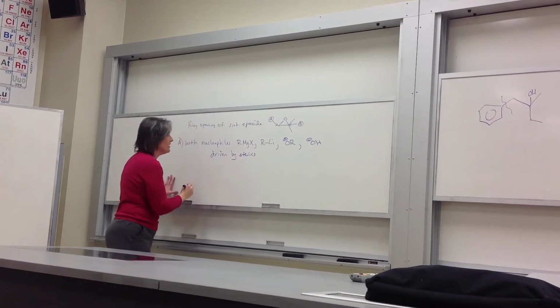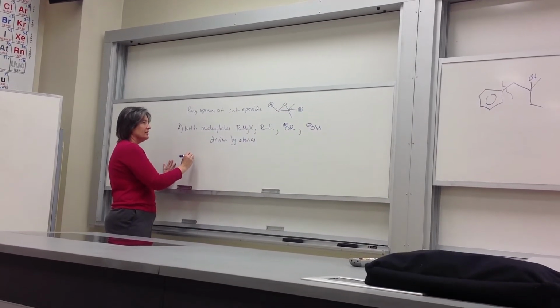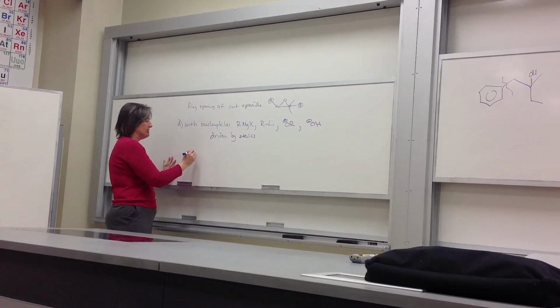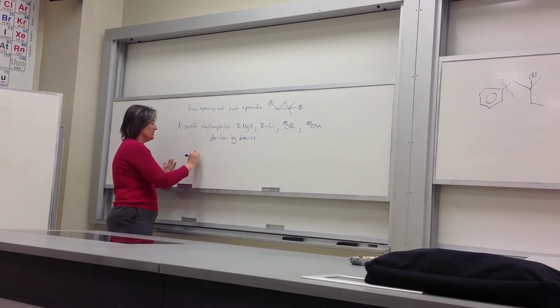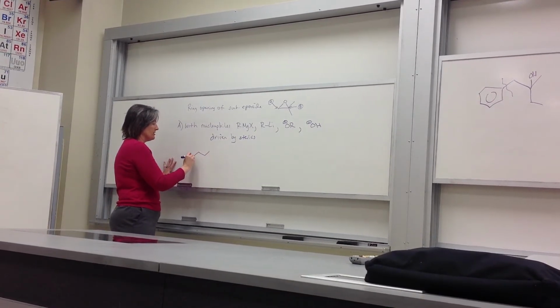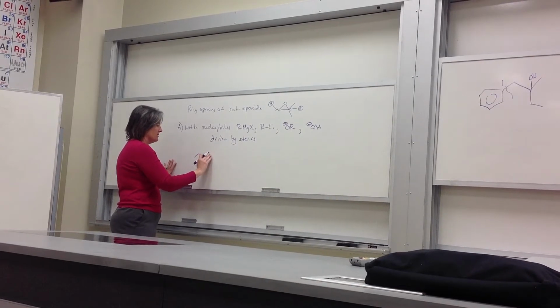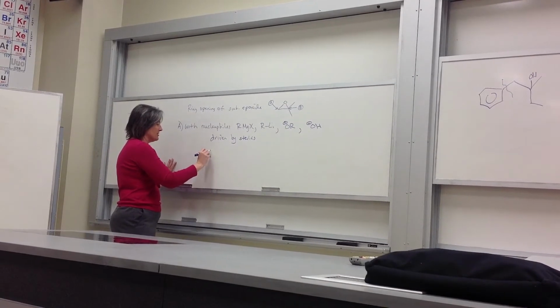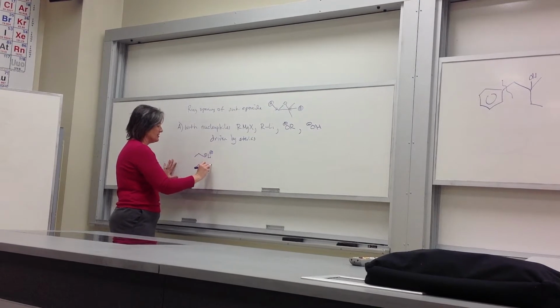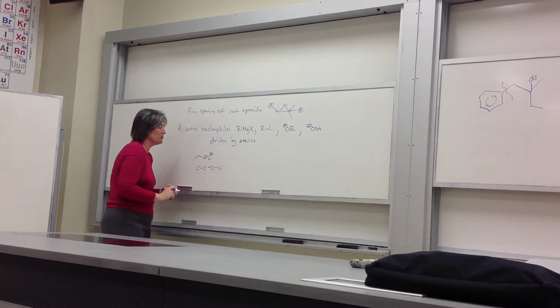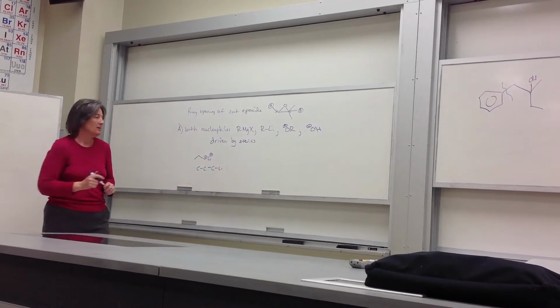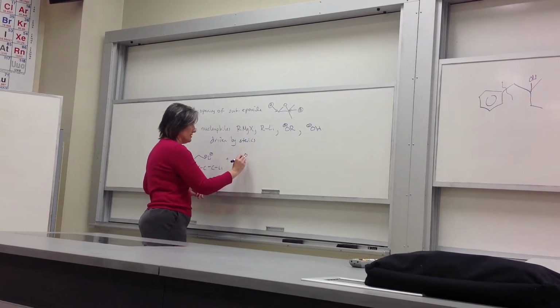What that says, if I had, let's say, what's a good alkyllithium? I don't know. Let's say propyllithium. 1, 2, 3. This is minus Li plus. So this is propyllithium. And I want to attack this guy.